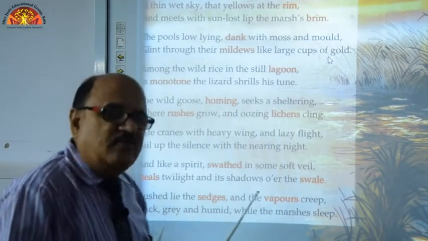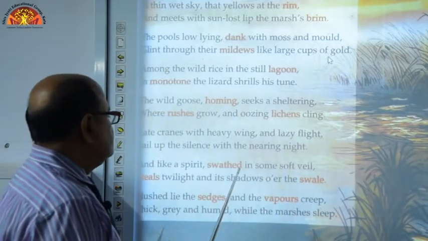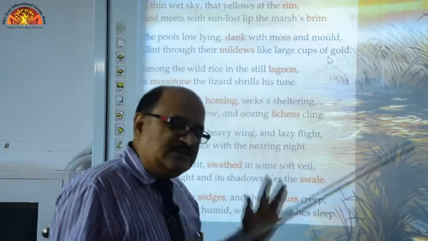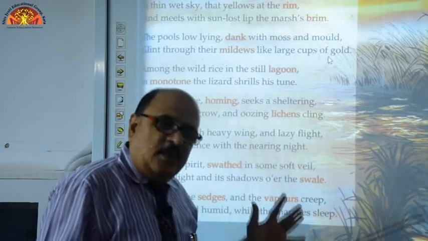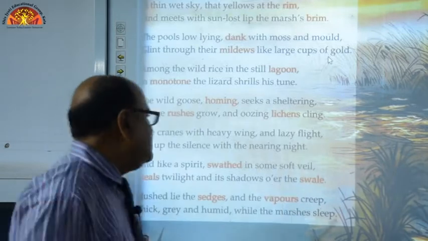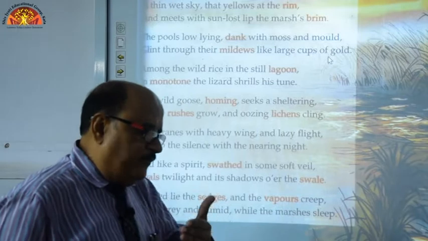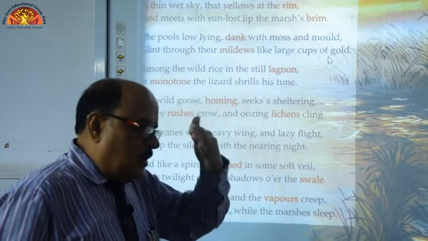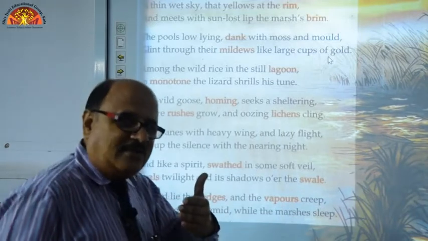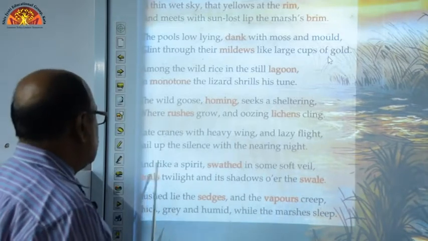So, these poetic devices we will learn. This phantom, ghost like creature is about to cover everything in the night time, and veil means a face covering thing, ghungat we can say. So, veil, burqa, a kind of covering.